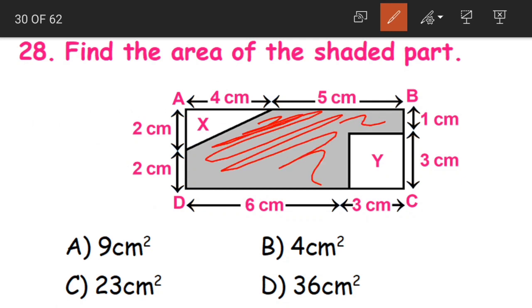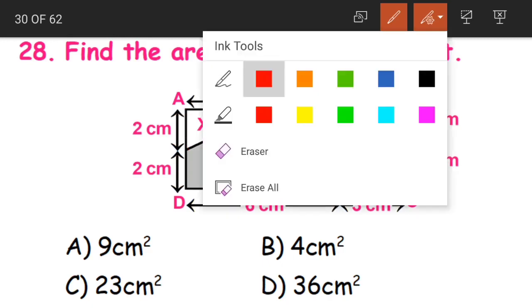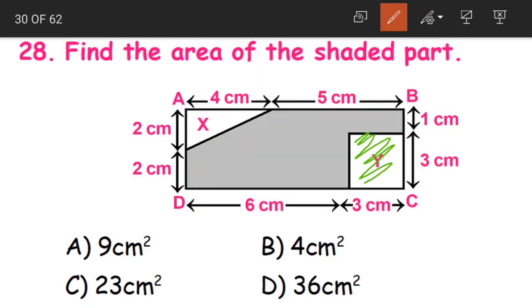Now how to find out the area of the shaded part is, this is our entire rectangle. Yes or no? So from this entire rectangle, except for this square y and the triangle x, we have to find out the area of the remaining figure.